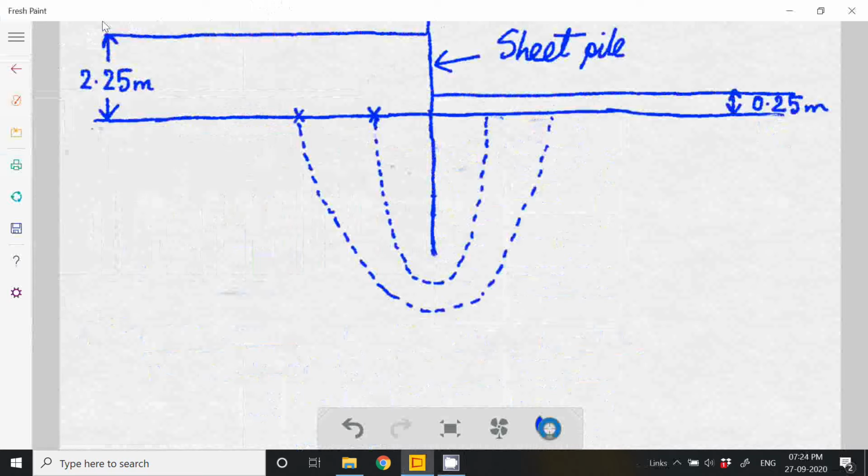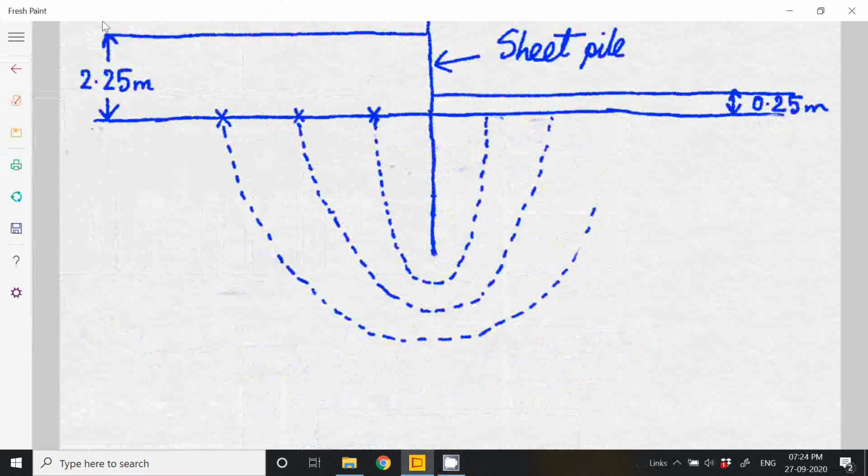And another particle of water from here, if it has to flow from a higher head to a lower head, will take a route like this. I hope you have understood what I have said.